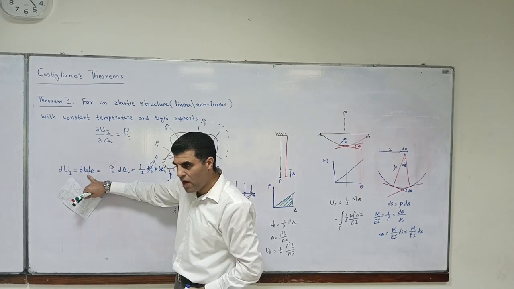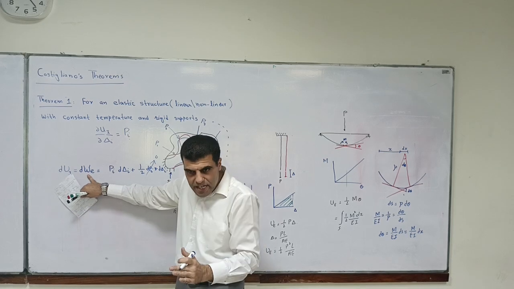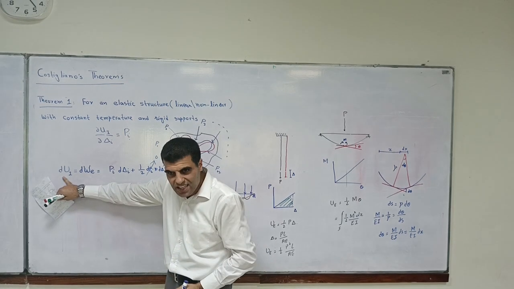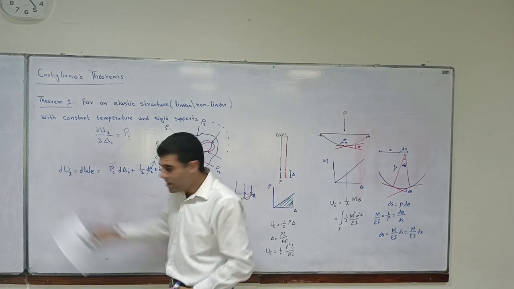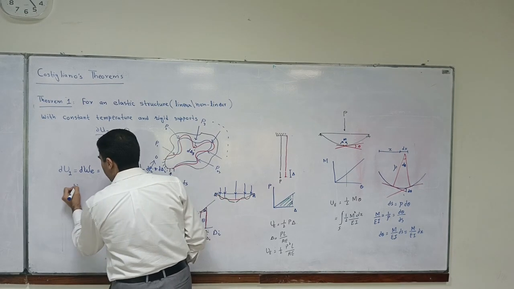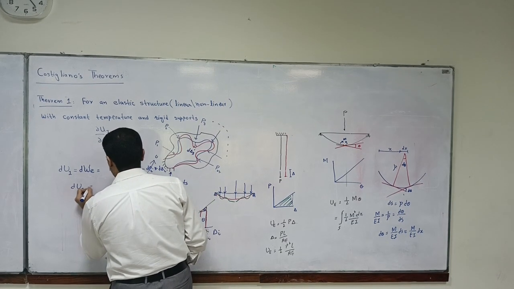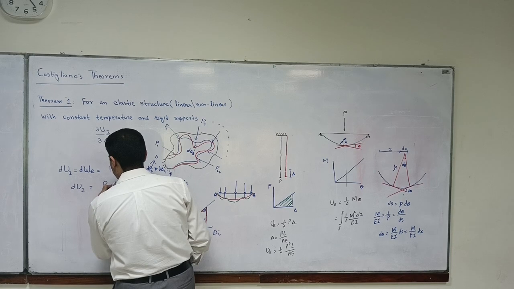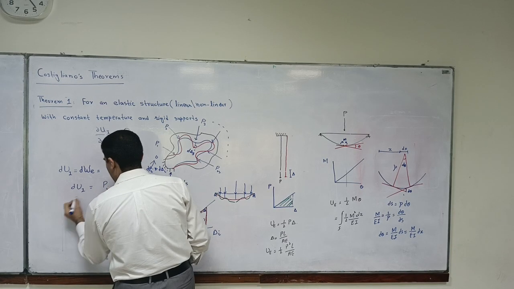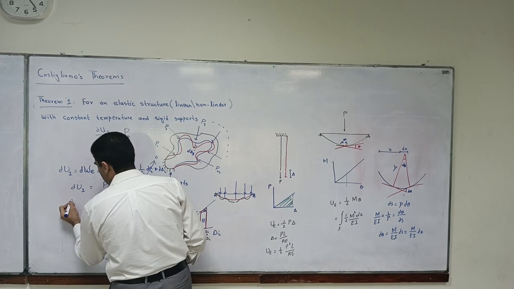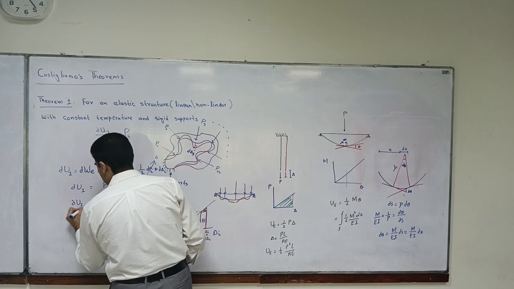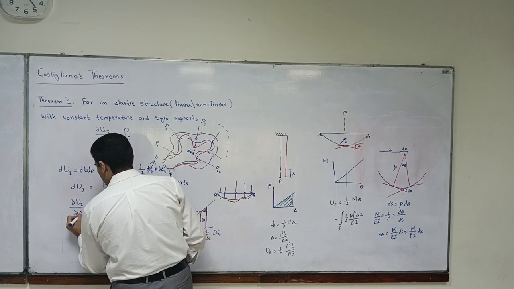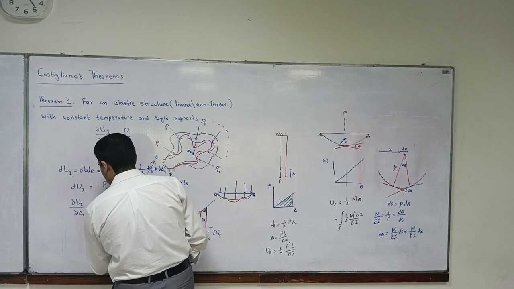External work, the energy which you are pumping into your system, is equal to internal energy. Agreed? So dUi is equal to Pi d delta I, and we can write dUi divided by d delta I is equal to Pi.